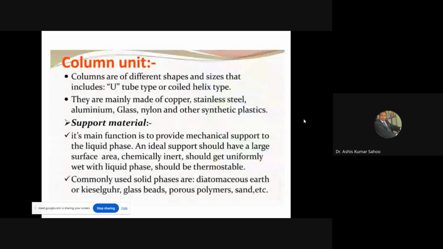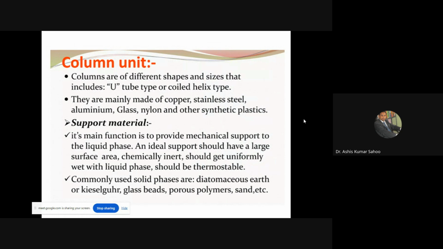Now come to the column unit. Columns come in different sizes and types, including tube type and coiled helix type. These are the different types of column unit. They are made of aluminum, glass, nylon, or other synthetic materials. The main function is to provide mechanical support.